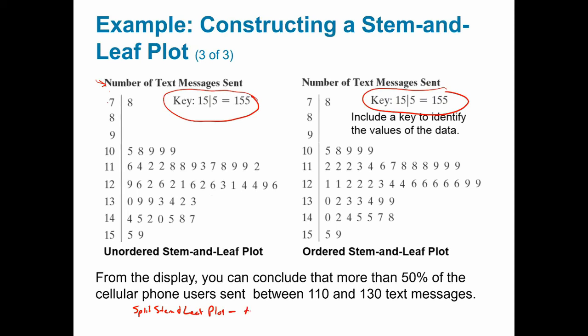So you have 2 rows for each stem. The first row only gets leaves of 0 through 4. And the second row, so you're splitting them in the middle, gets leaves 5 to 9. That's it for a split stem and leaf plot.